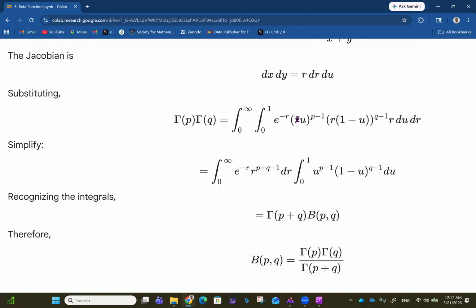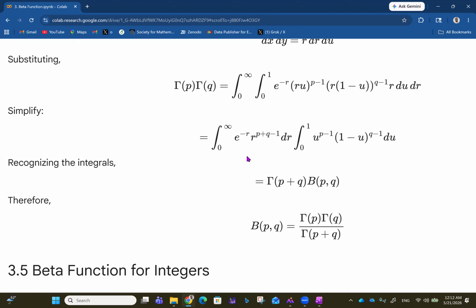So by the time you add the powers, p minus 1 plus q minus 1 plus 1, you end up getting r raised to the power p plus q minus 1 dr. And on the other side, for the u's, you have u raised to the power p minus 1, 1 minus u raised to the power q minus 1 du. With this in place, you discover that this expression is as good as gamma p plus q, because gamma p plus q would have been e raised to the power minus something, something raised to the power p plus q minus 1. That's exactly what you have here.